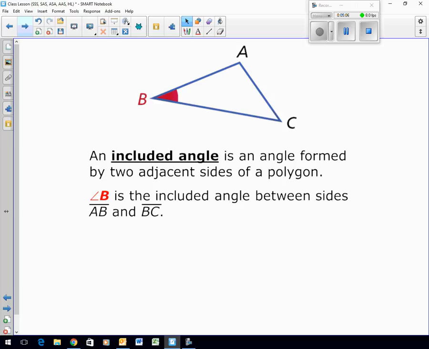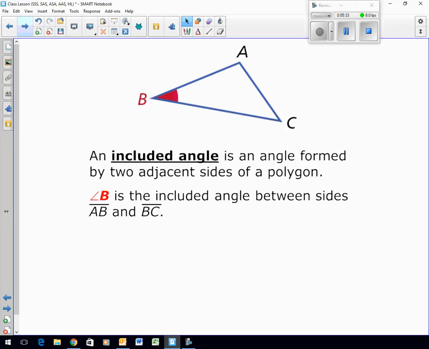When I say the included angle between AB and CB, that's the only logical answer: B, correct? What would be the included angle between BA and CA? A. What would be the included angle between AC and DC?